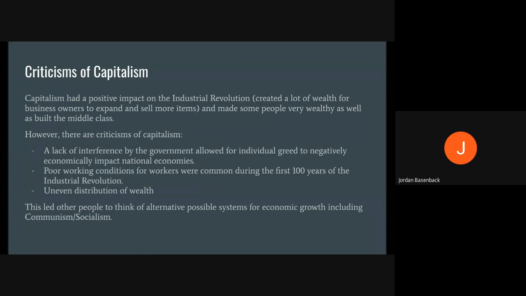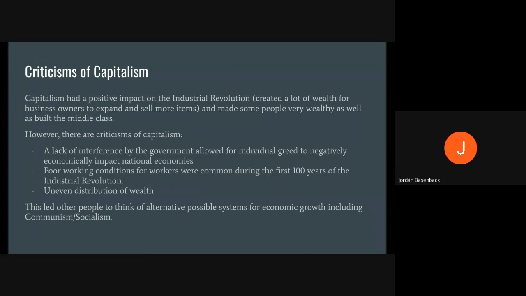But you're also going to see an uneven distribution of wealth, where some people are fabulously wealthy and have a lot. Other people may not have food to eat, just based on how the market settled out for them. And so this led to other people trying to think of alternative possible systems for economic growth.